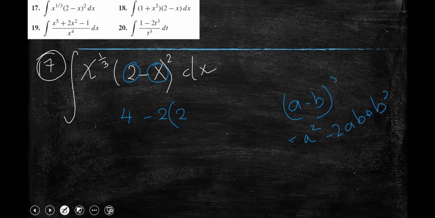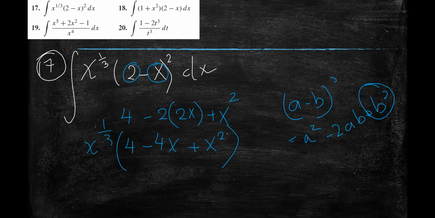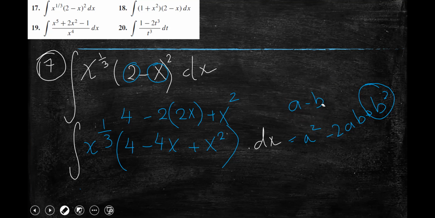Plus b squared, which is x squared. So it is 4 minus 4x plus x squared. Then I multiply it by x to the power 1 over 3 dx.